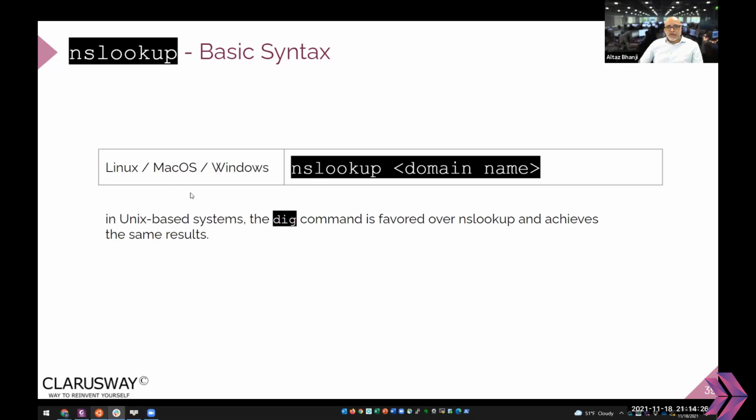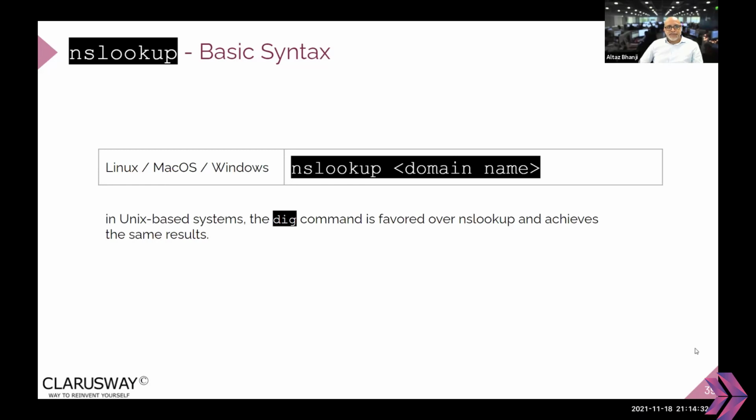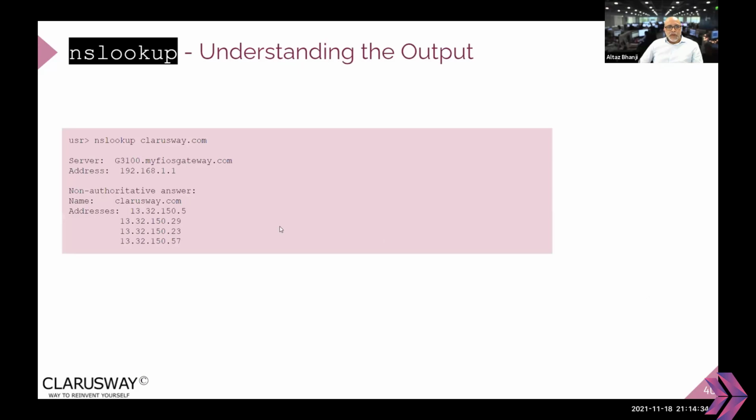So in any case, this is how you get the IP address. This is what the output looks like. It's a little bit different with dig than it was with NSLOOKUP, but with NSLOOKUP, this is what you get back.